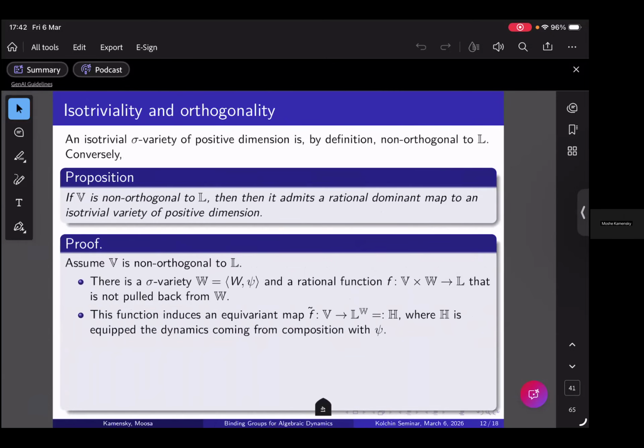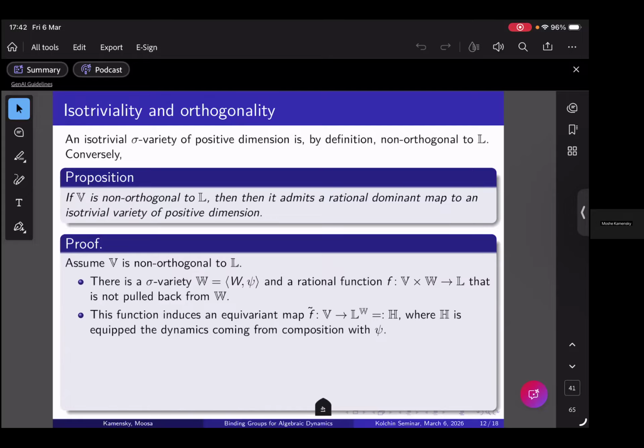This function f gives an equivariant map from V to the space of all functions from W to L. This is an infinite dimensional space, but it's a union of finite dimensional varieties, and it has a dynamics that comes from precomposition with the dynamics on W.